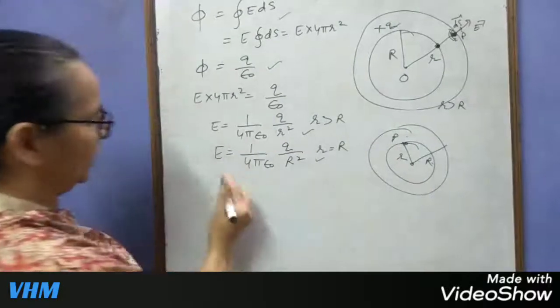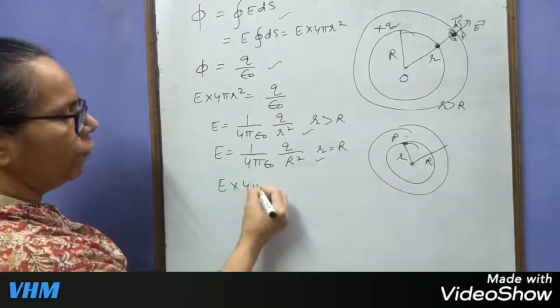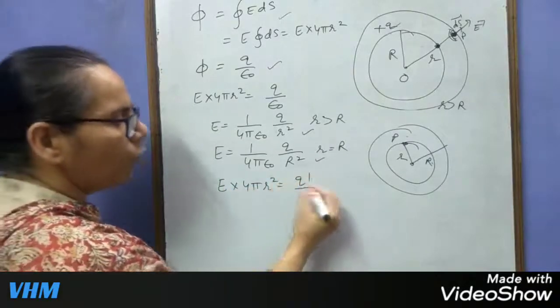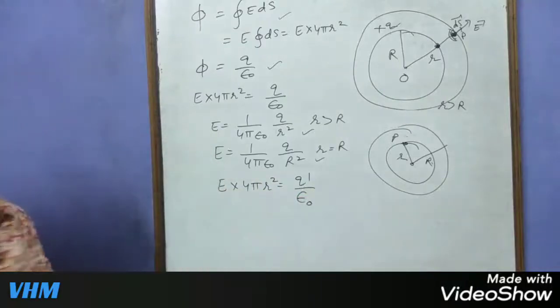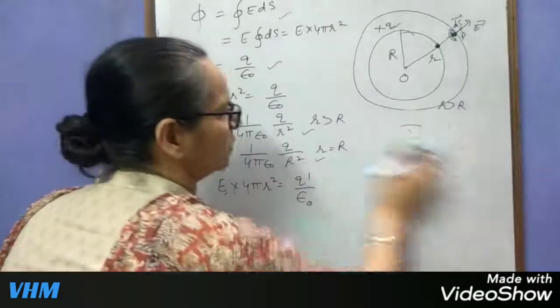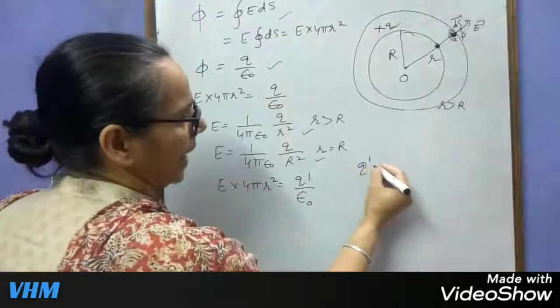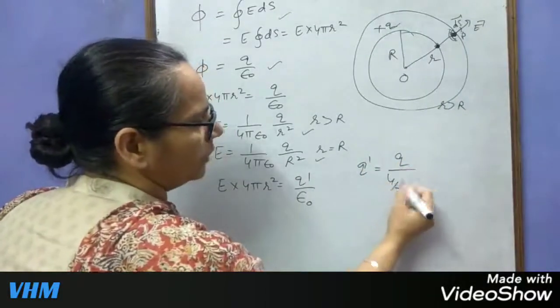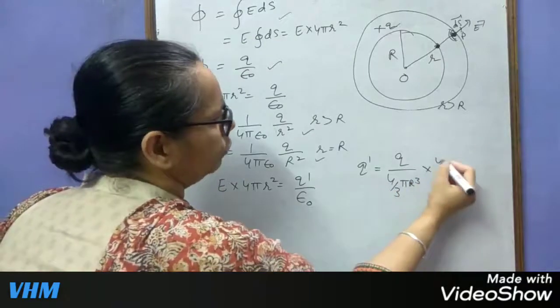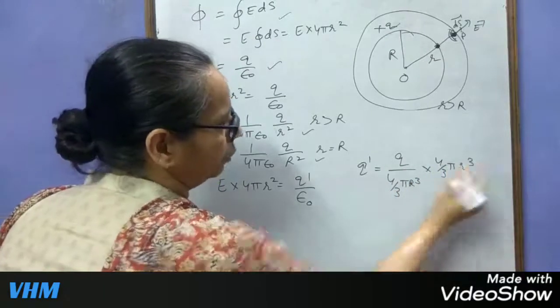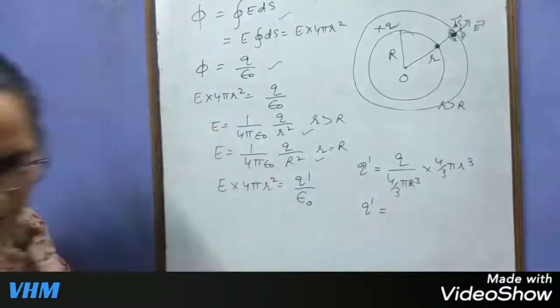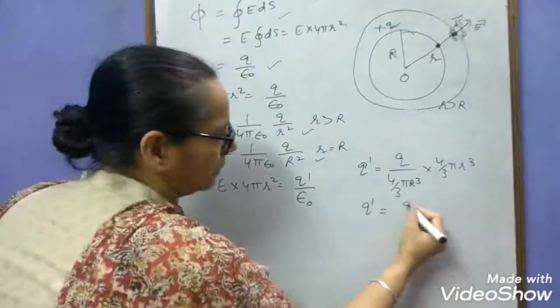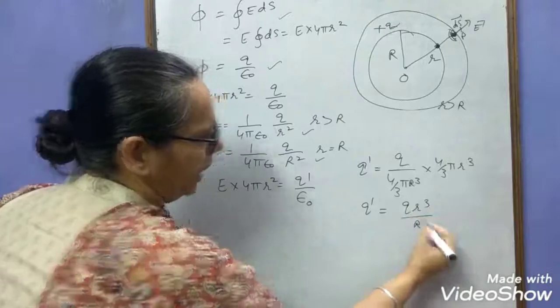And what about the electric field? E into 4 pi r square equals Q dash upon epsilon naught. And what is the value of this Q dash? Q dash is taken as Q upon 4 by 3 pi R cube into 4 by 3 pi r cube, and we get Q dash equal to Q r cube upon R cube.